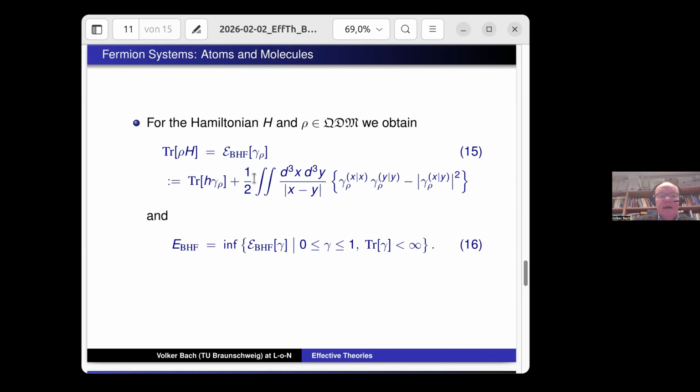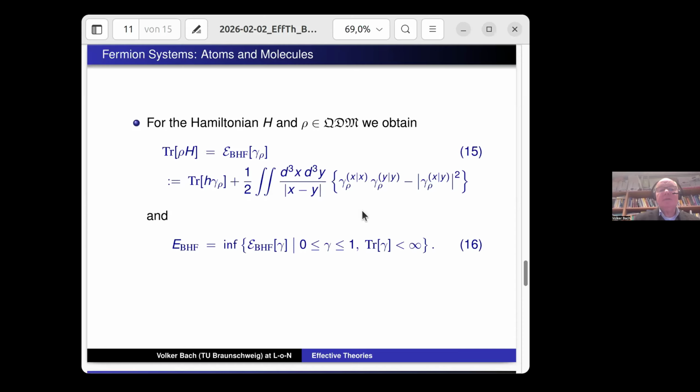All right, so that's the energy functional, and then clearly, if we insert this, the Bogoliubov-Hartree-Fock energy is the infimum of this functional. It varies over all one particle density matrices, but this set of one particle density matrices, gamma sub rho, can be very simply described.